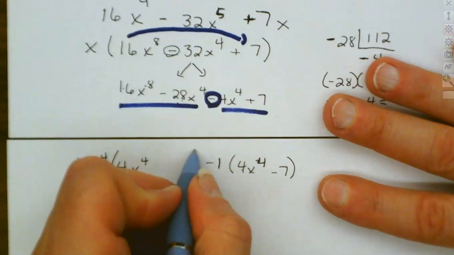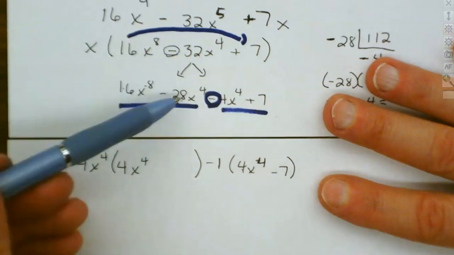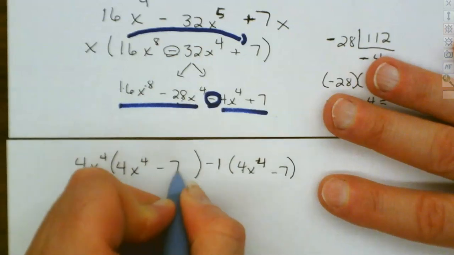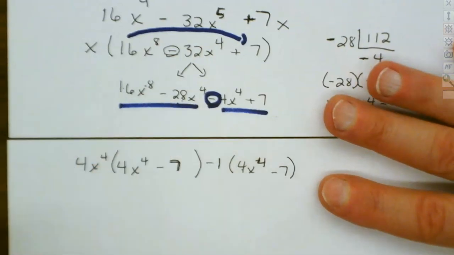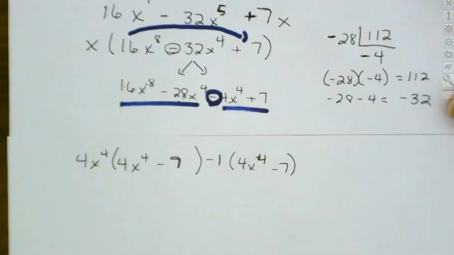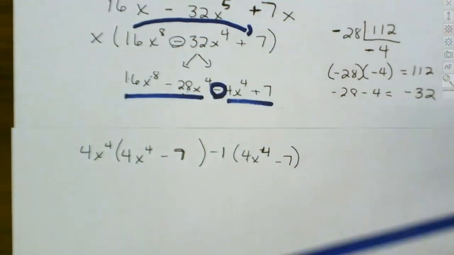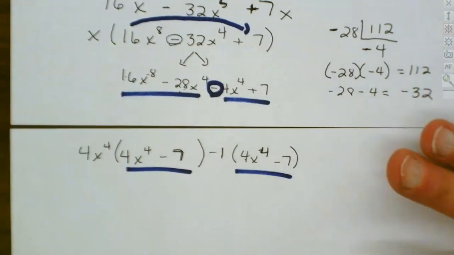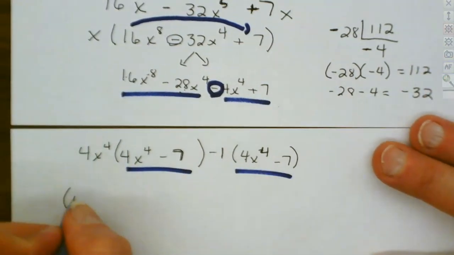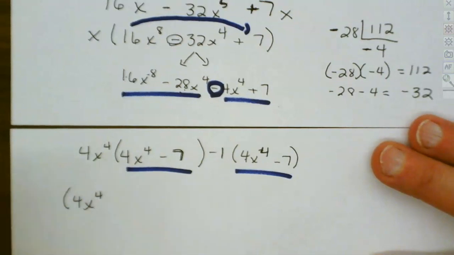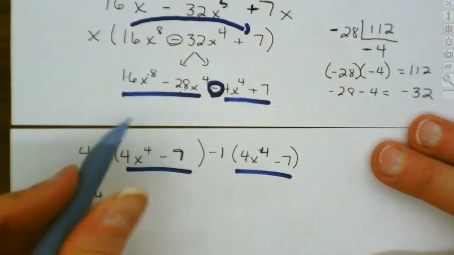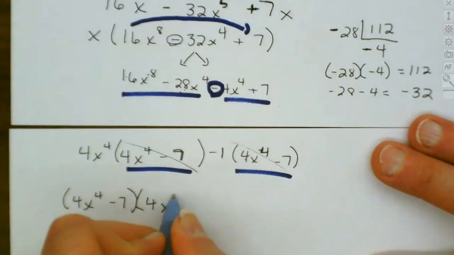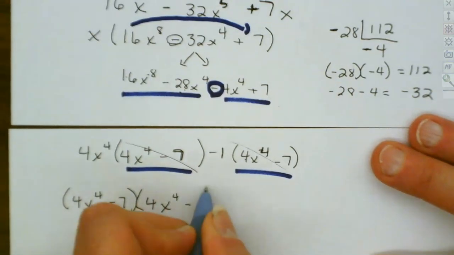And then we have our minus 28. And minus 28 divided by that 4, well, that's a minus 7. And the x to the 4th comes out. Now, are my groupings exactly the same? Yes, they are exactly the same. So that comes out in front. And that's a 4x to the 4th minus 7. Gone and gone. And what's left over? 4x to the 4th minus 1.